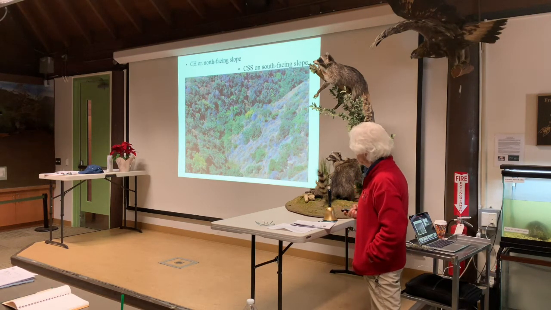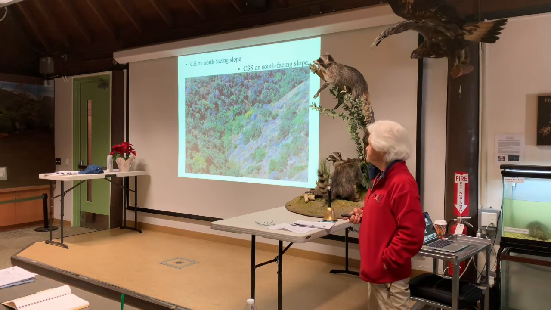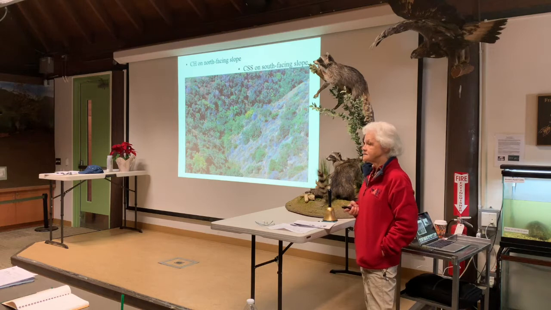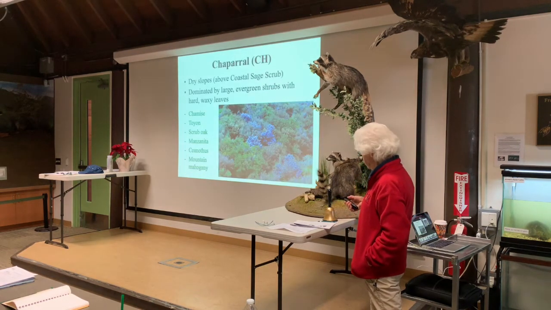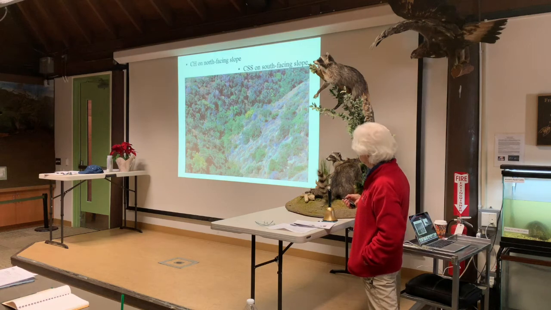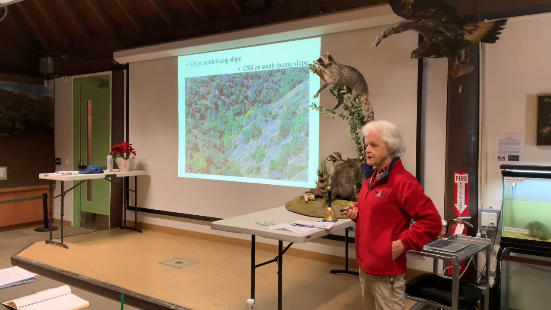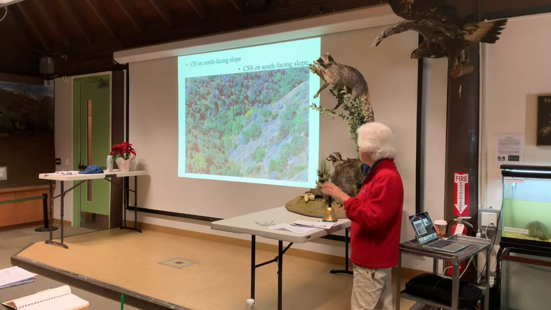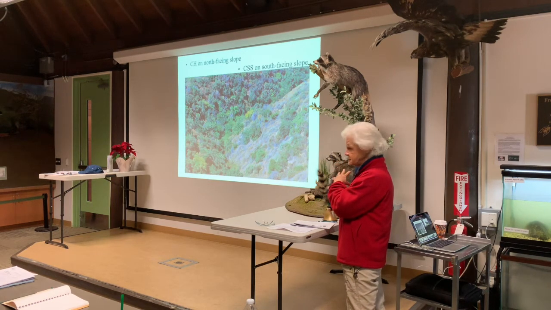This picture was taken several years after a fire, so the chaparral has not fully recovered. That's why there are still these areas that you can see through. In immature chaparral, you can't see the ground. On the coastal sage scrub, even mature coastal sage scrub, you will always see some ground.